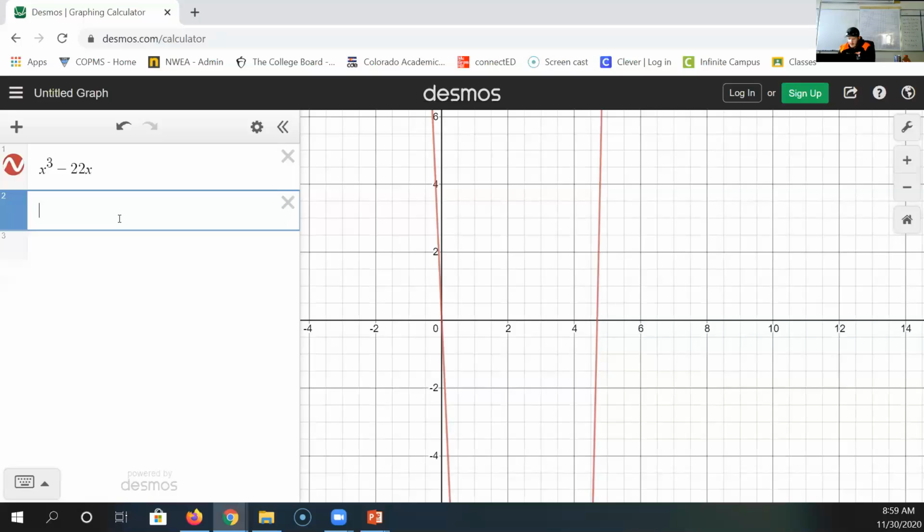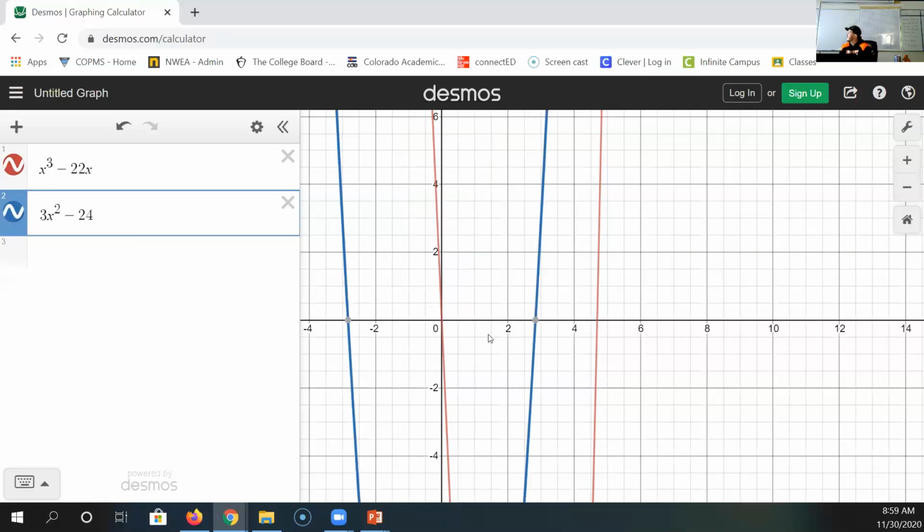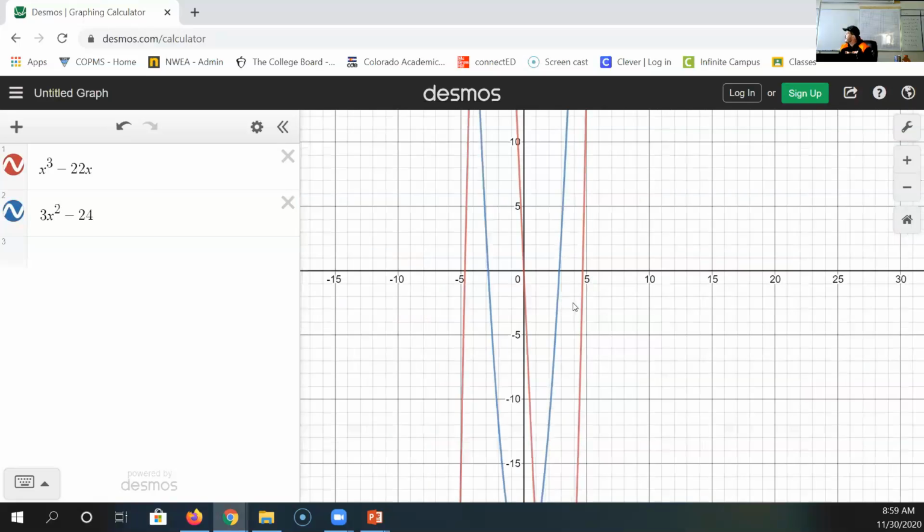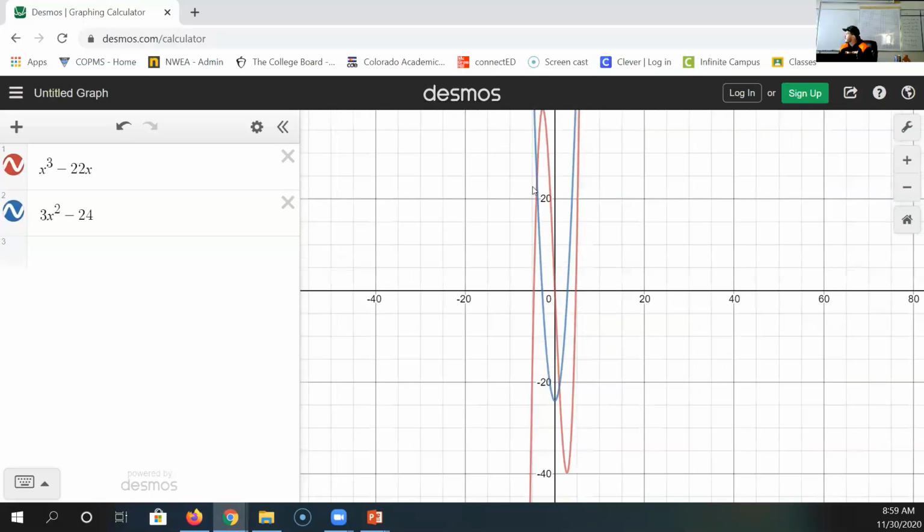And then 3x squared minus 24. I'm trying to figure out where on my graph my blue is greater than, or where on the graph my red is greater than blue.